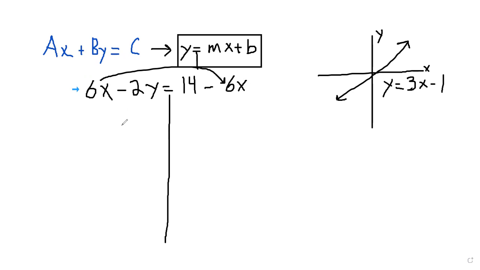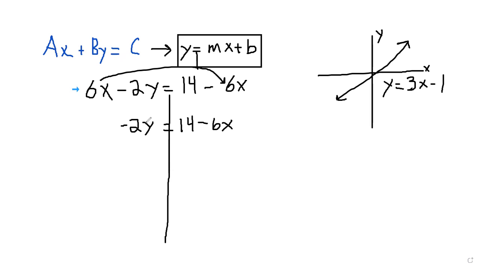Okay, so what's that leave us? It leaves us -2y equals 14 minus 6x. Okay, so we're getting closer. You'll notice that now we have our y over here. It's not quite exactly y yet. We want it to be y just by itself. But right now it's got a -2 in front of it.